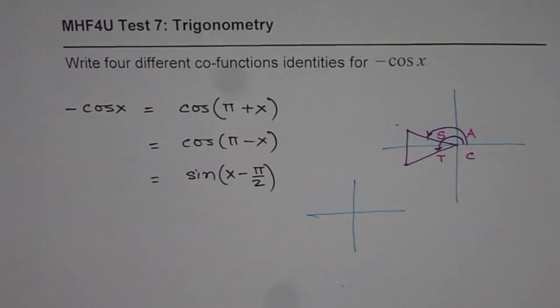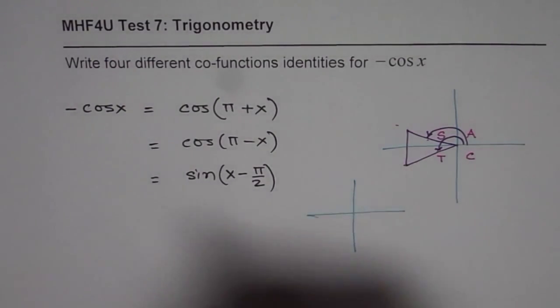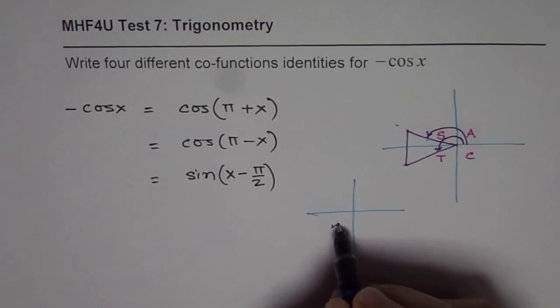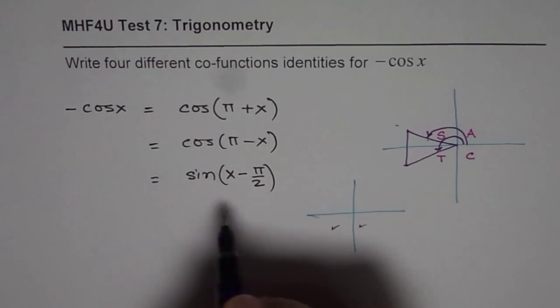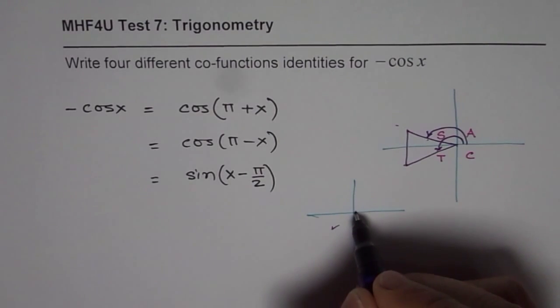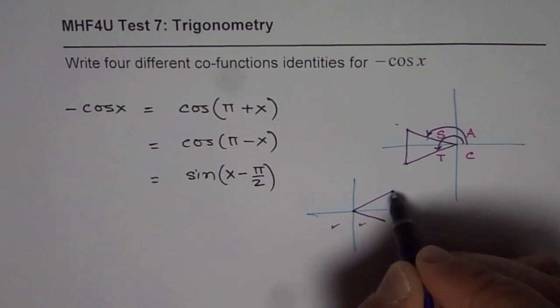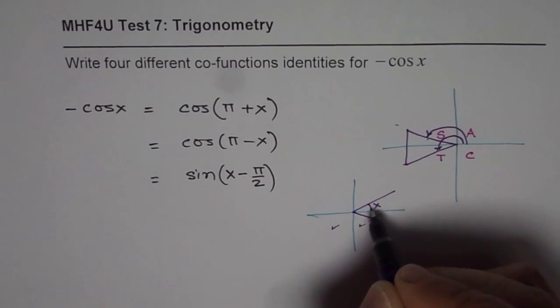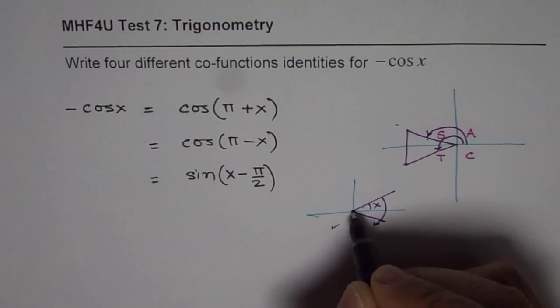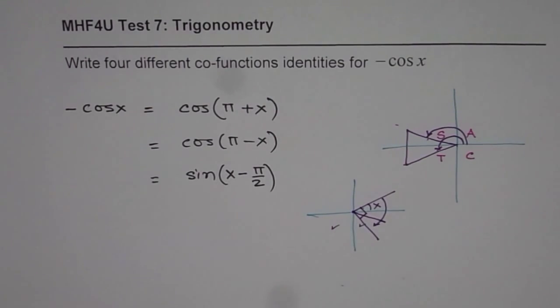Sine is negative in these two quadrants, correct? So sine of x minus pi by 2, let us say this is my x value, so x minus pi by 2 will be moving in this direction. So sine of x minus pi by 2 will be one of the solutions.